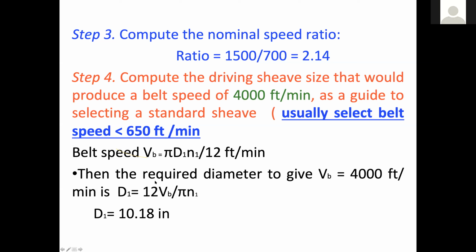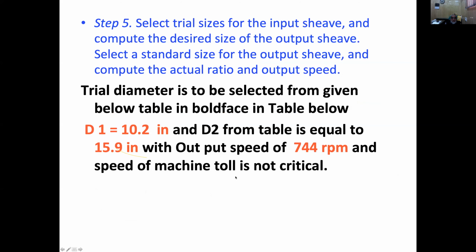So here you have only selected the belt speed. This gives you the first design parameter, that is the smaller sheave size, d1 equal to 10.18.